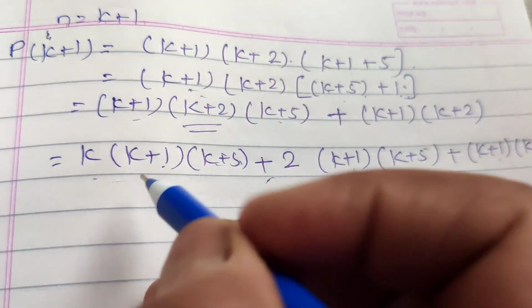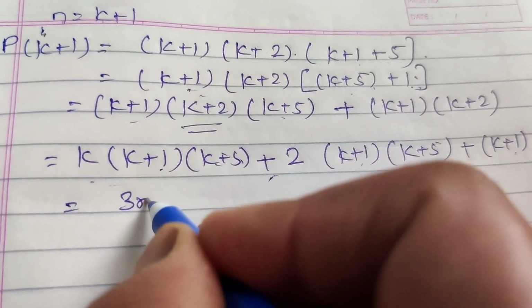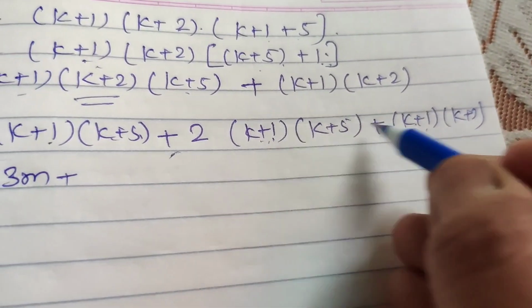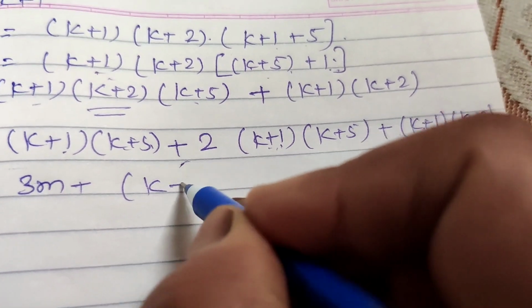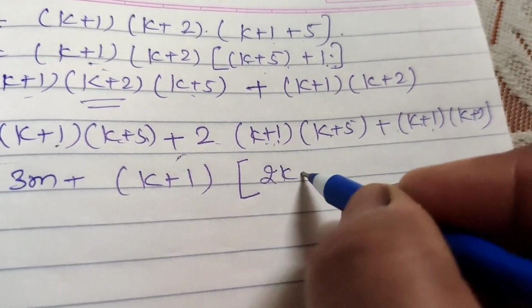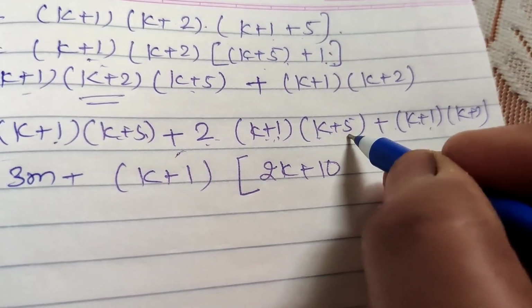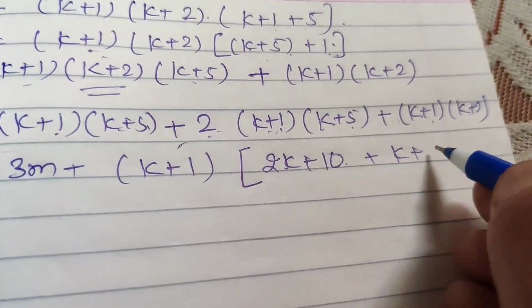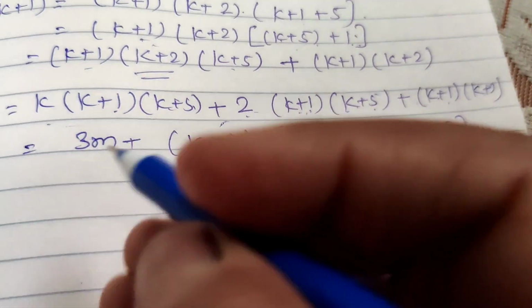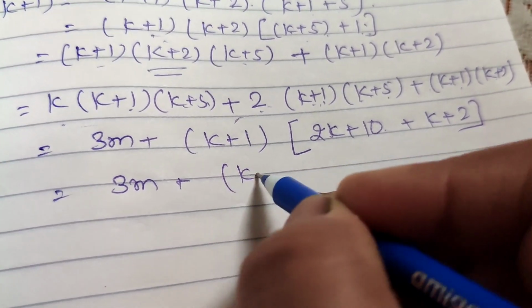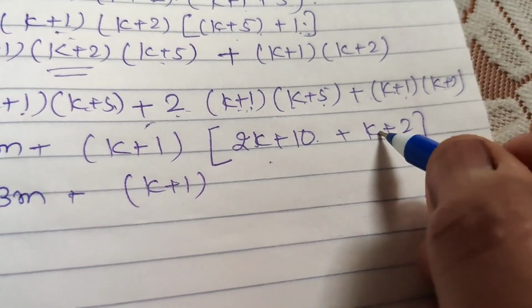(k plus 1)(k plus 5) is a multiple of 3. We have already proved that. Now solve this one. Take k plus 1 common, multiplied by 2 into (k plus 5), 2k plus 10, and here is the k plus 2. Now solve: 3m, k plus 1, it is equal to 3k plus 12.